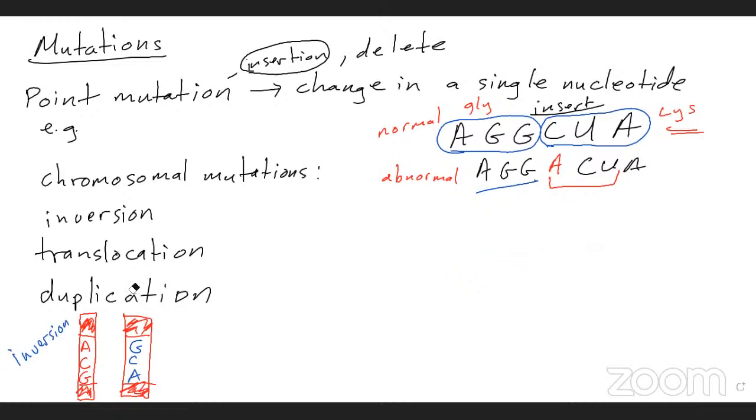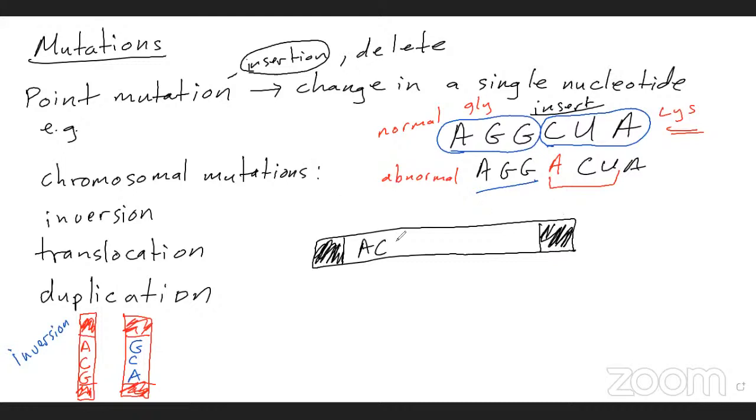So if it says duplicate, what does duplicate mean? Make a copy. Right. And you're making an exact copy, right? And so ACCG, right? So this is the normal one, all right? Abnormal.